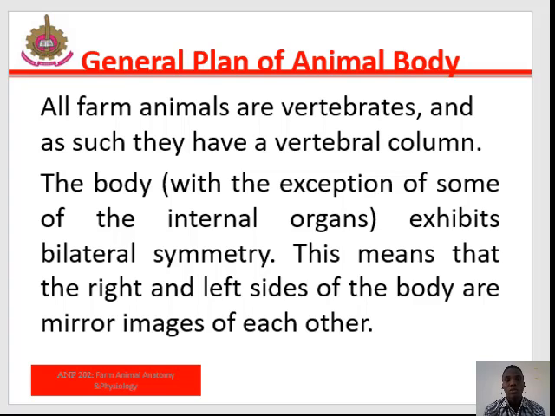Most unpaired structures are on or near the median plane, and of course only one of each unpaired structure exists in any given animal. The tongue, trachea, vertebral column, and heart are examples of unpaired structures, while the ribs, limbs, eyes, and most muscles are paired structures.